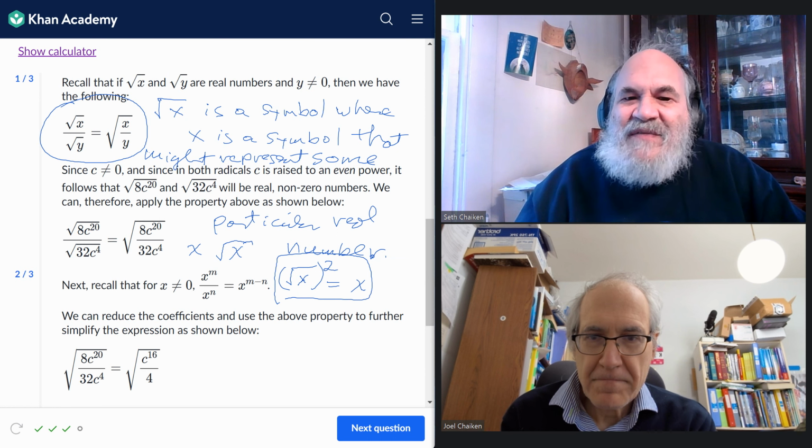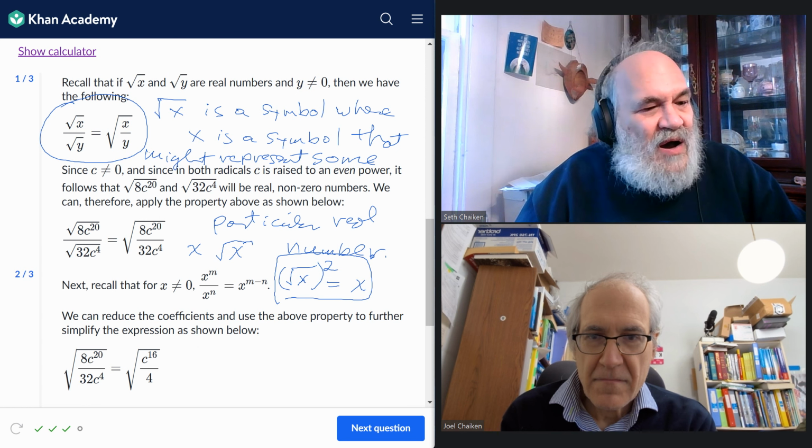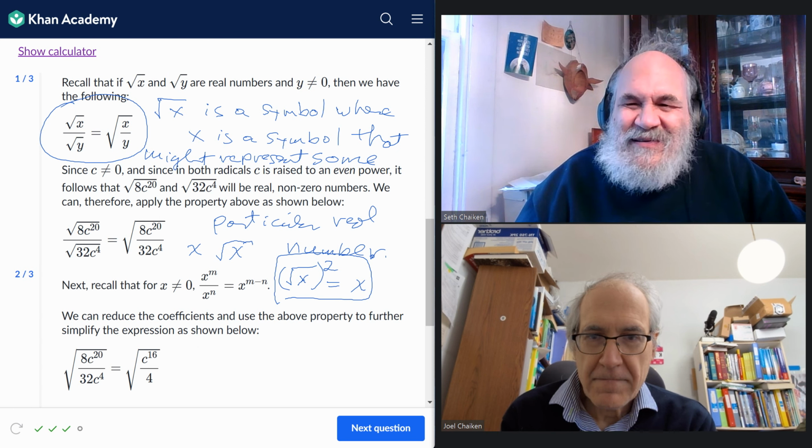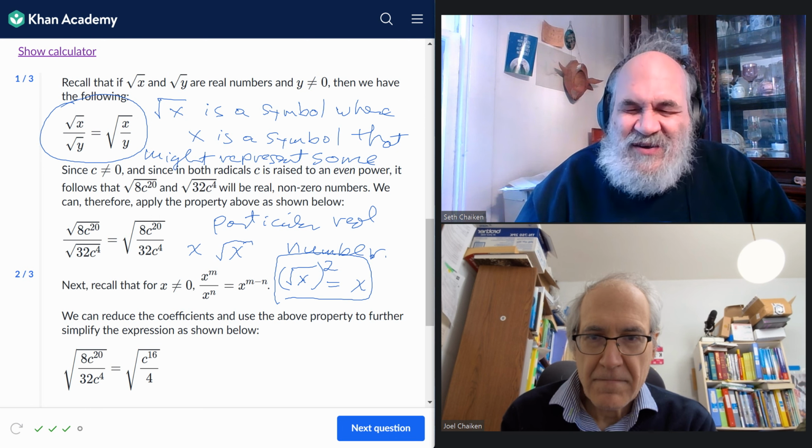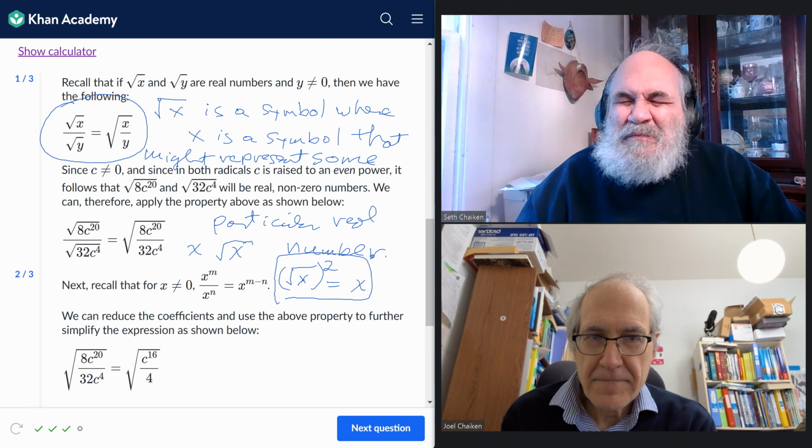And this one calculation replaces the infinitely many calculations that are conceivable when x is replaced by some non-negative real number.